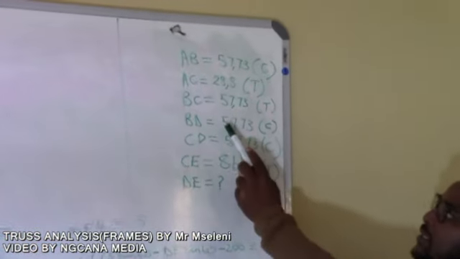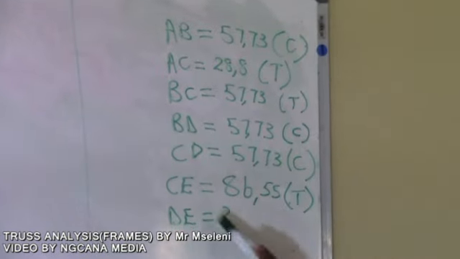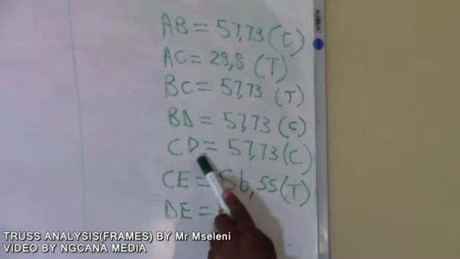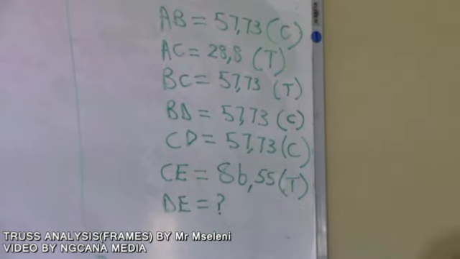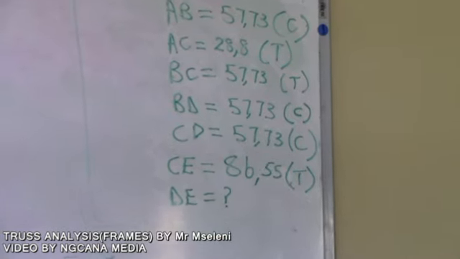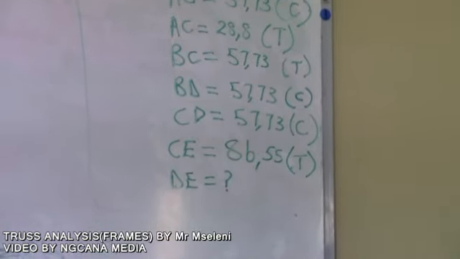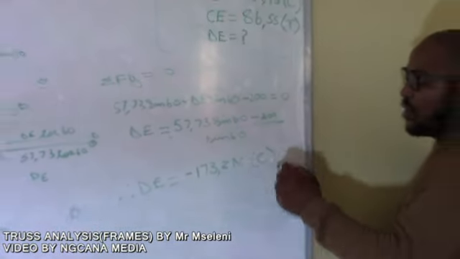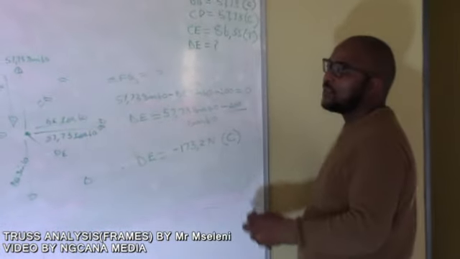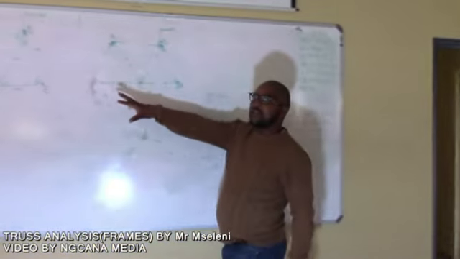We found our BD as 57.73 under compression, and then we found our CD equals 57.73. Our CE is 86.5 under tension. And then our DE is 173.2 under compression.